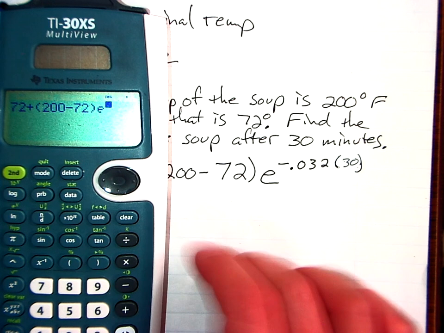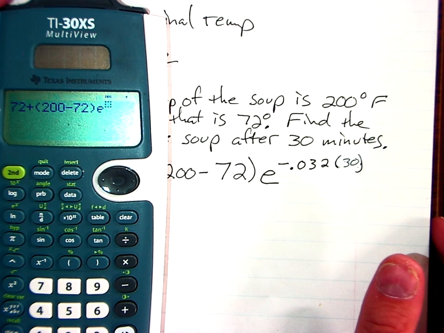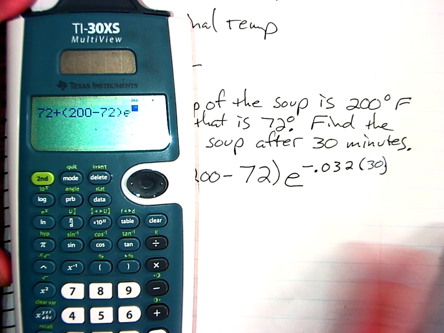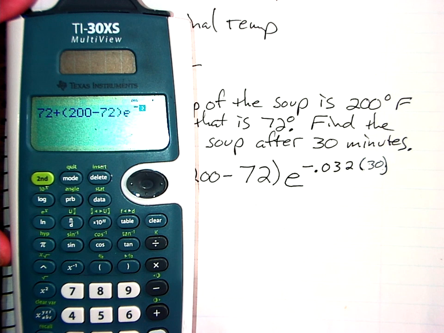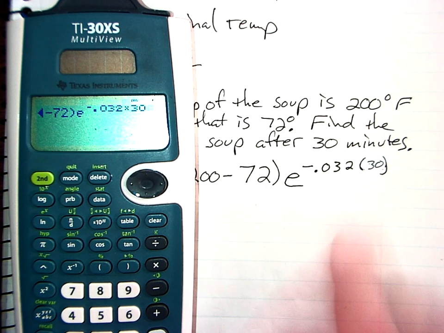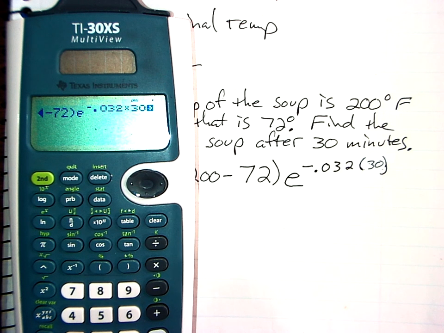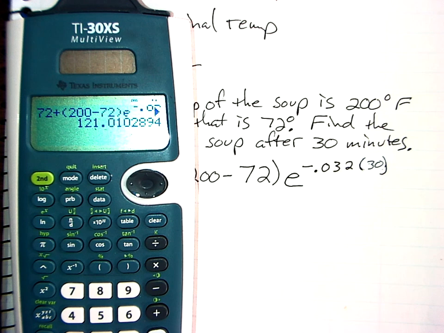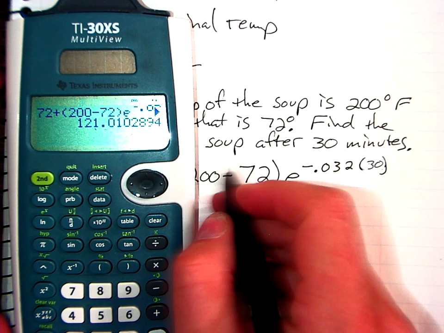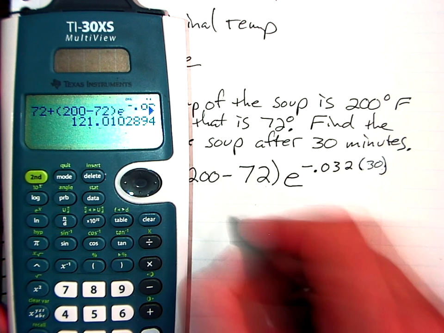Second ln, and see how I have an e there? I'm going to put negative 0.032 times 30. Please do not forget the negative, or the 0. And hit enter. So what's the temperature of the soup after 30 minutes?